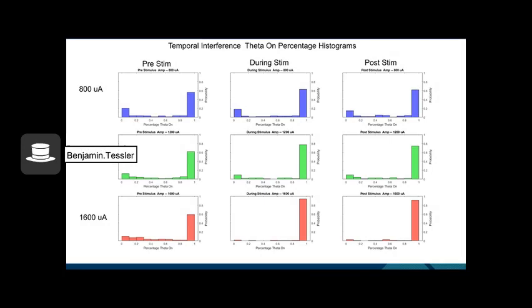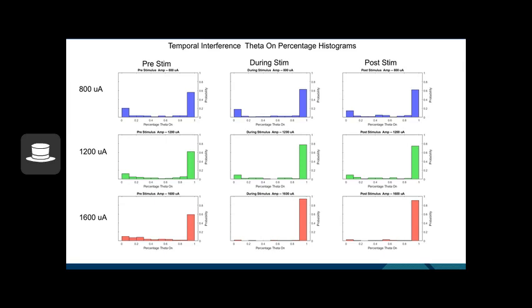Here we have histograms for the temporal interference for the percentage that theta is on for various time groups of 1.5 seconds: before stimulus, during stimulus, and after stimulus. As we can see, theta is completely on at a rate of about 60% of all stimulation sessions, which serves as our baseline.